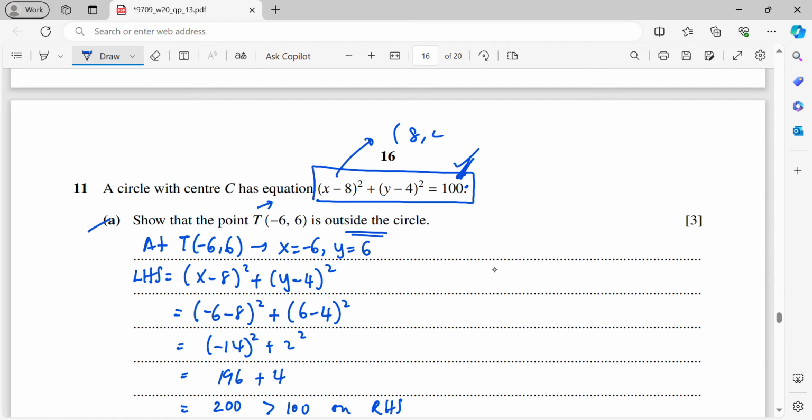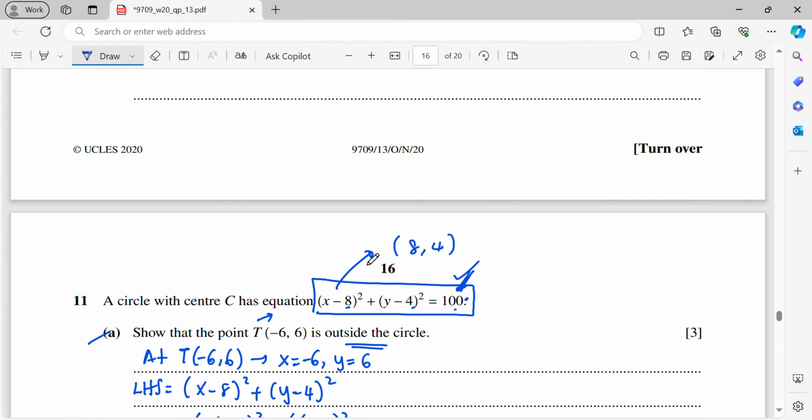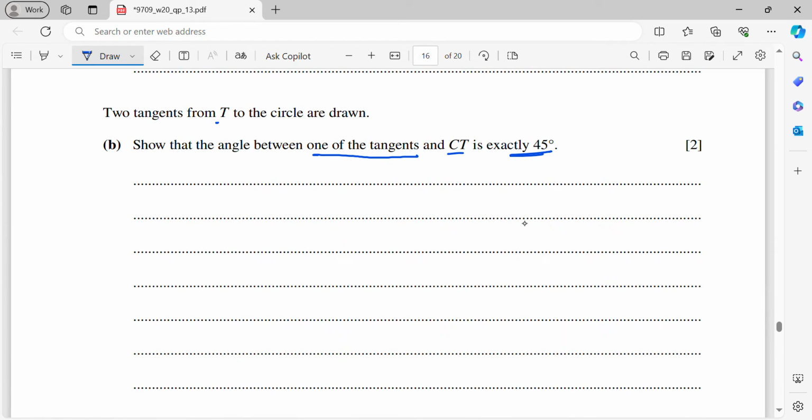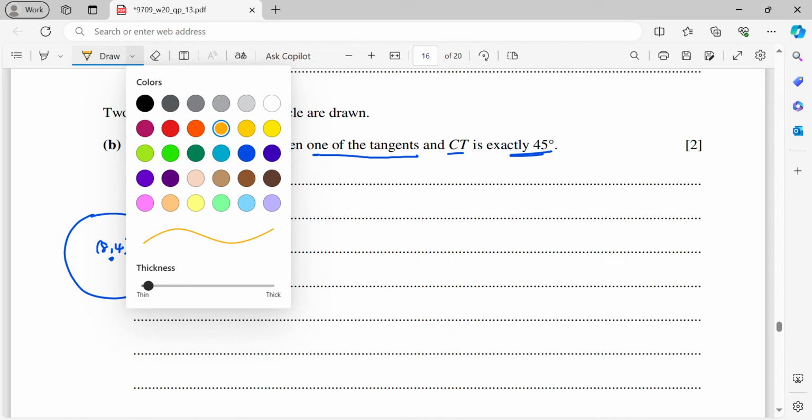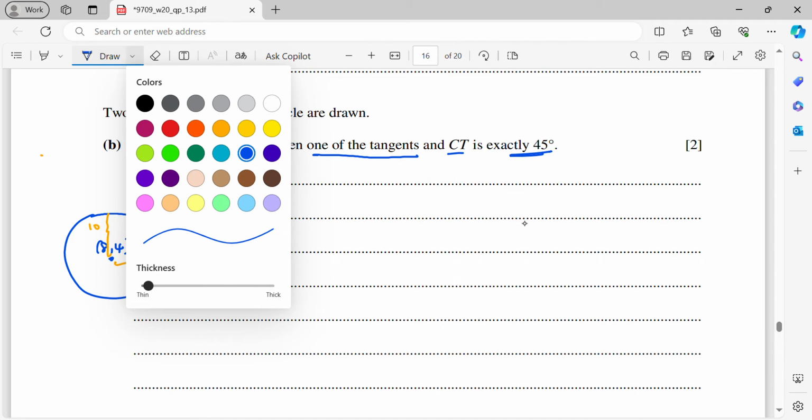The center is at (8, 4), because here it is minus 8 and minus 4. And the radius is 10. Which means when I draw my circle, let's say the center is (8, 4). The radius is 10, so here is 10 units, and going down also 10 units.